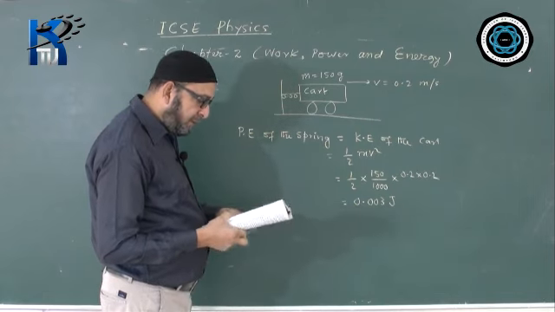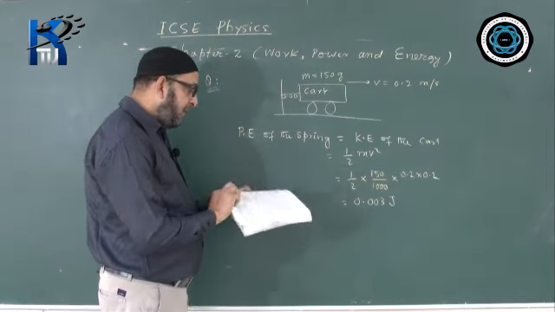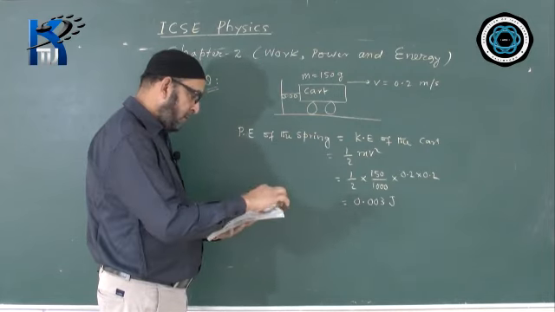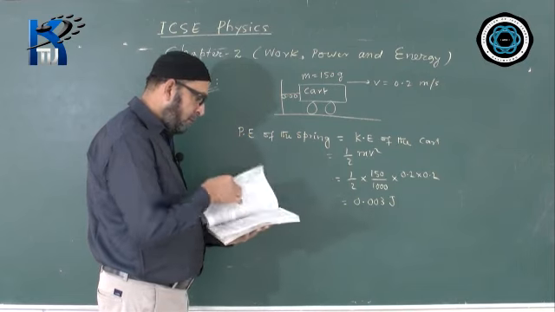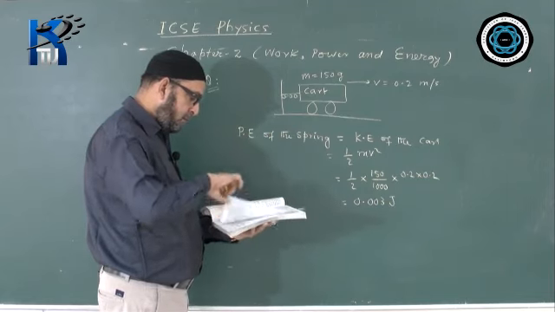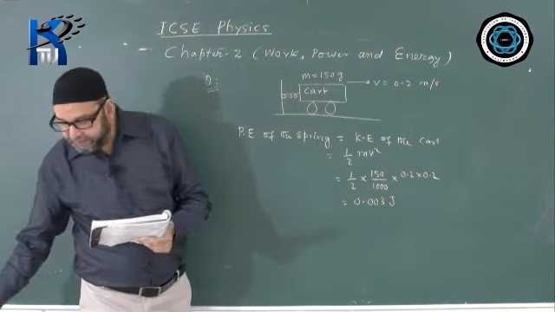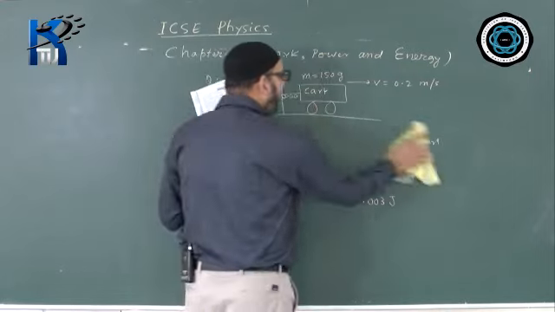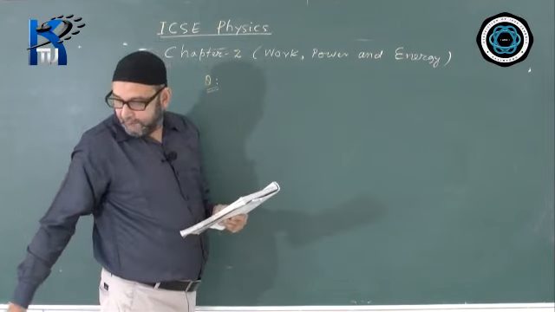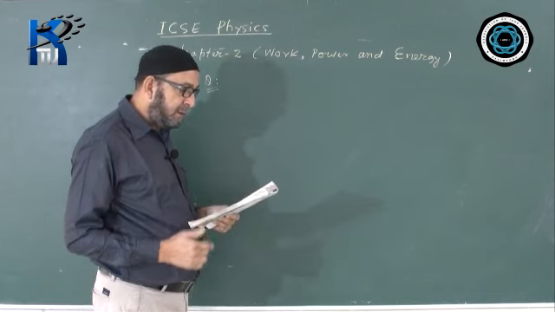Now, similar type of question we have over here, which says a stone of mass 500 gram is thrown vertically upwards with a velocity of 15 meter per second.